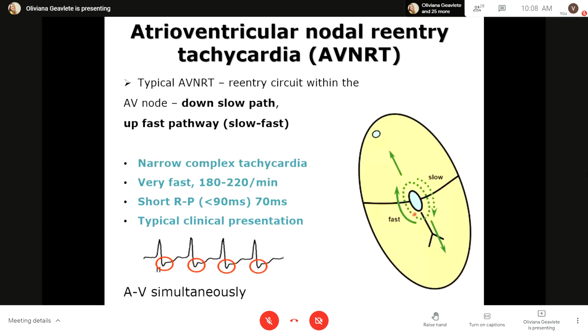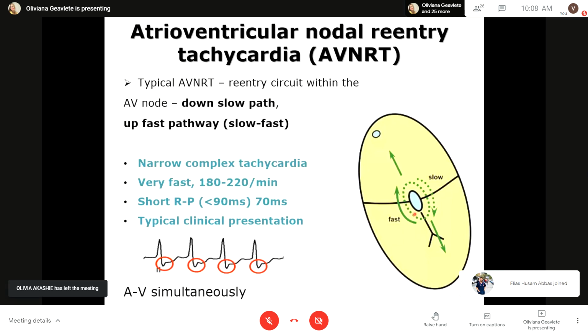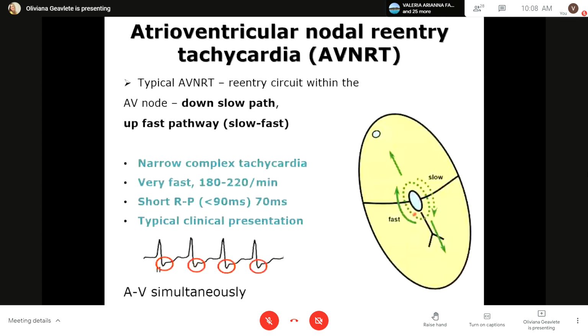Why is that? Because when the atria is full of blood, the natriuretic peptide, a consequence of the stretching, will be released, causing diuresis. Okay, so typical AVNRT: narrow QRS complexes, very fast.